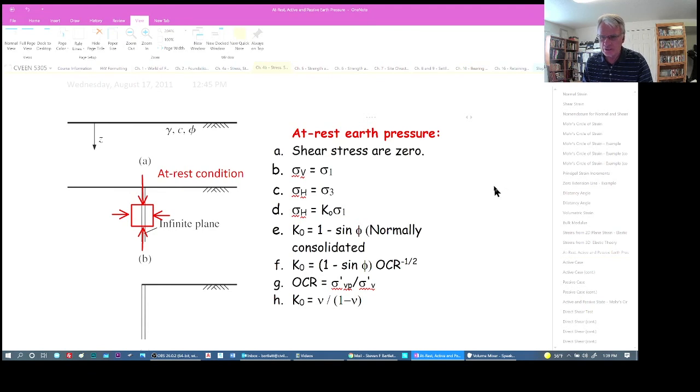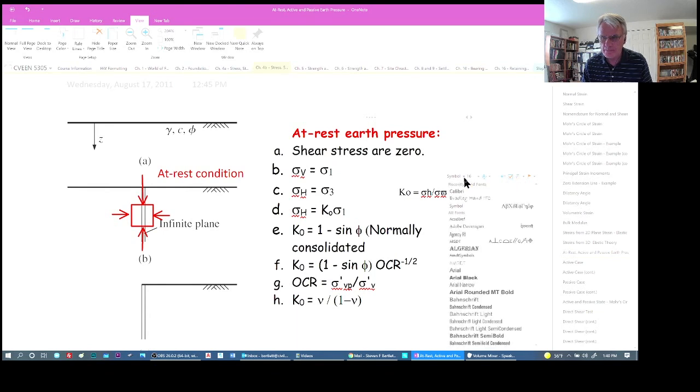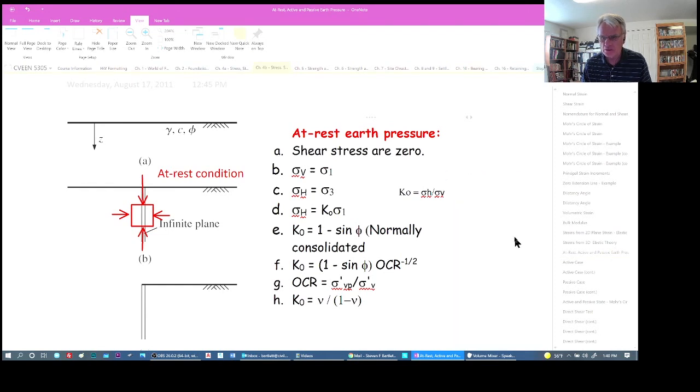If you look at this algebraically, it probably would have been better to say that K naught is equal to the ratio of sigma H divided by sigma V. So this earth pressure coefficient at rest, called K naught, is simply the ratio of the horizontal to vertical stress. Now if the vertical stress is larger, then K naught is going to be less than 1.